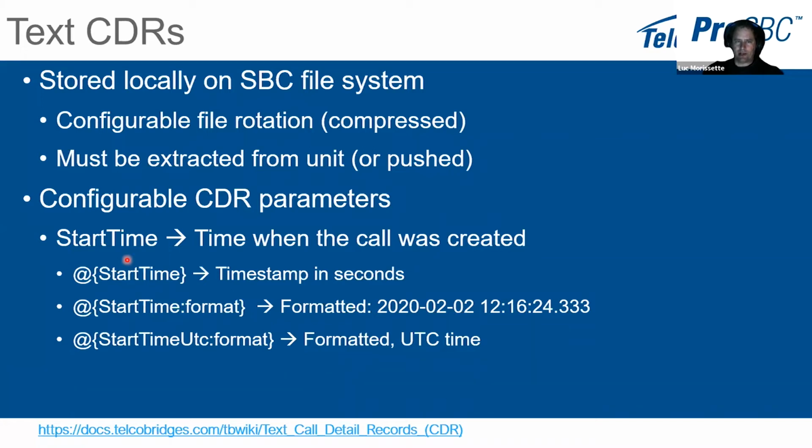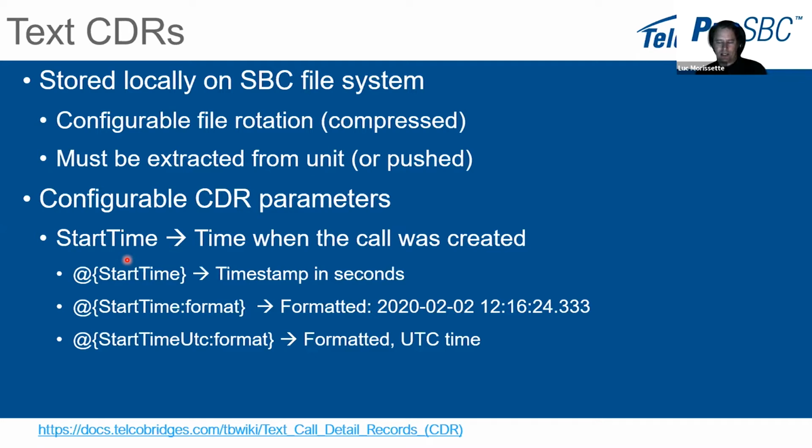Text CDRs, like I showed you, are stored locally on the file system. So it's stored in a specific location on the disk, and we fill up a file, and then you can configure when this file would be rotated.